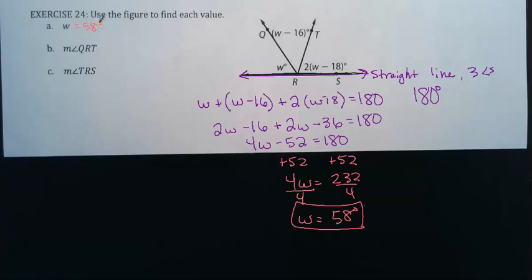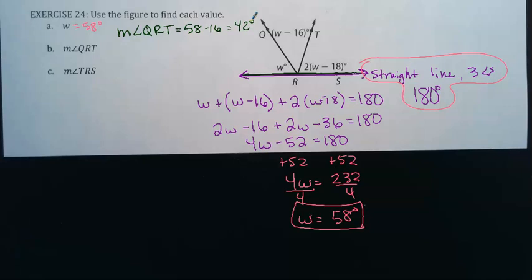But again, I had to draw some conclusions and use some reasoning to get there. All right, now I want the measure of angle QRT. So the measure of angle QRT is going to equal W minus 16. W is 58, so that's 58 minus 16, which should be 42 degrees.